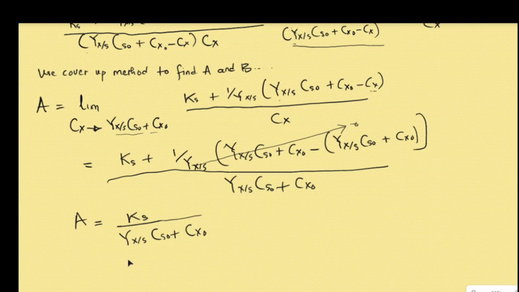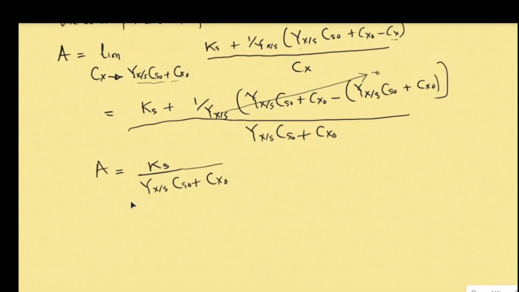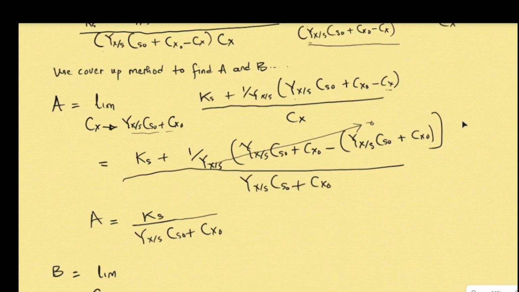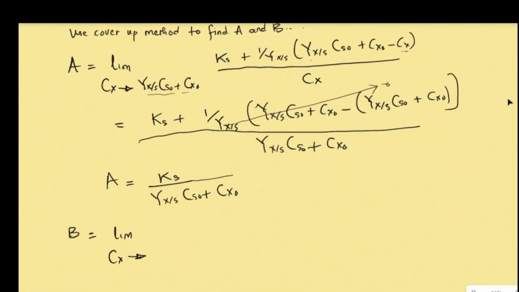So let's go ahead and find b. So b, in the same vein, will be the limiting value as c of x tends to what? What is the value that you have to put into the linear factor here to make it 0? And obviously it is actually 0. So we have 0.